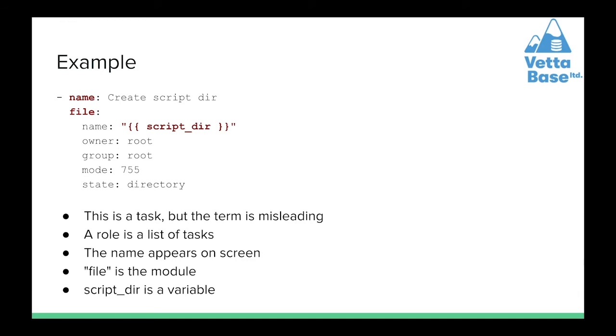You can see the syntax that is used to use a variable in your tasks. I am using double quotes. If I use single quotes, it will not be considered a variable, it will be considered as a string.